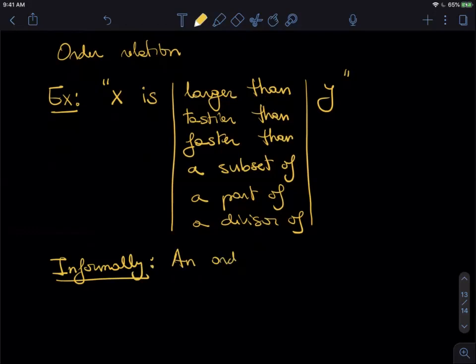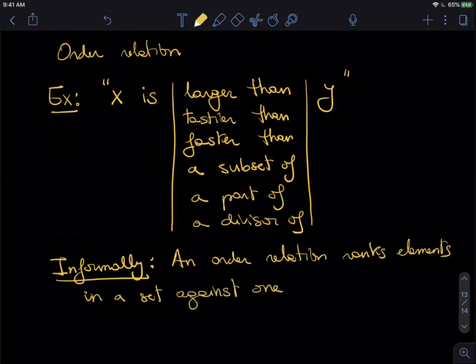So an order relation ranks elements in a set against one another.